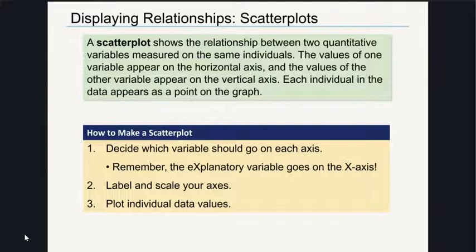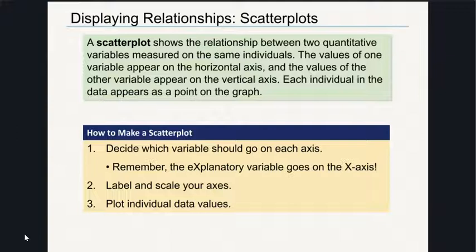Correlation is blind to whether the label is explanatory or response. The correlation is simply going to tell you, are the two variables, regardless of their assignment, correlated? Are they associated? So when we make a scatter plot, you guys have seen scatter plots before. This is nothing new.